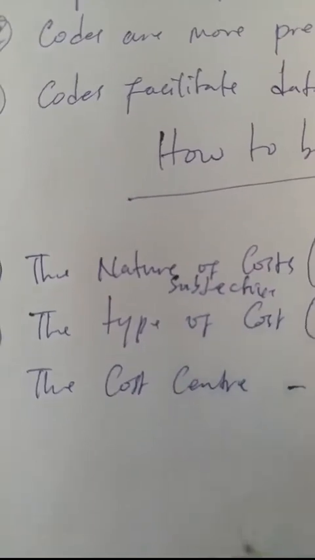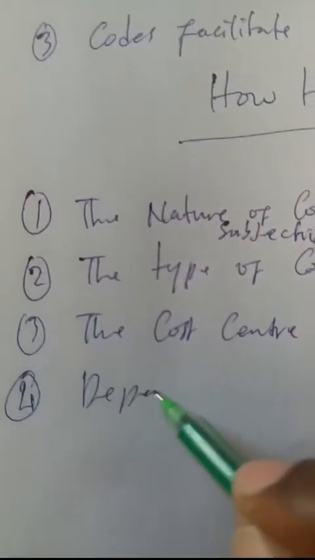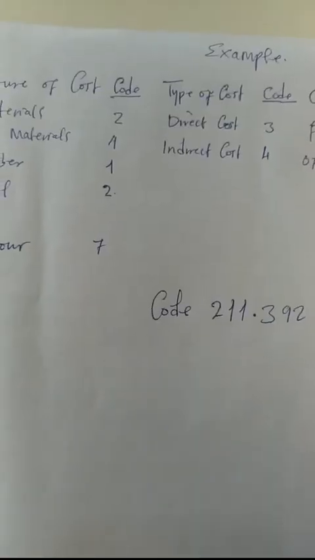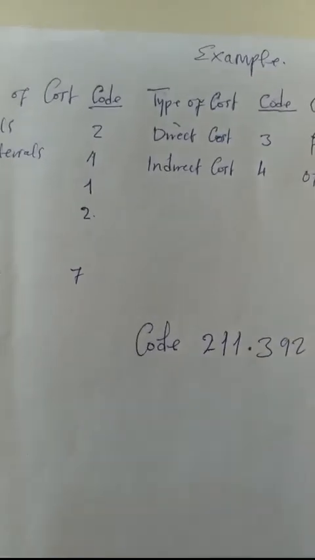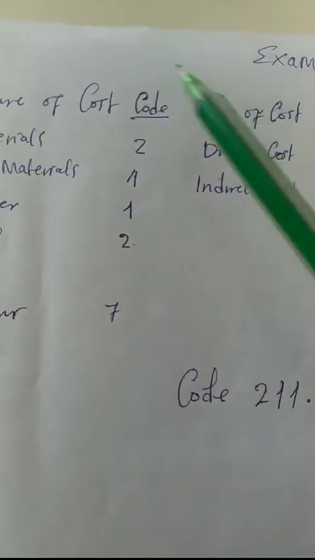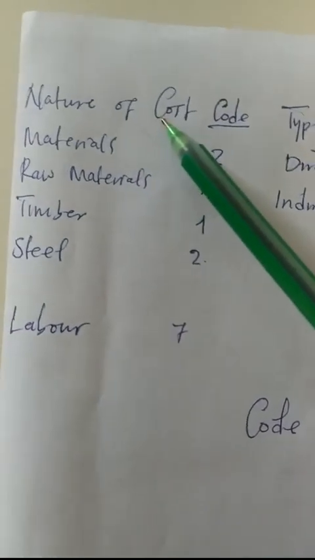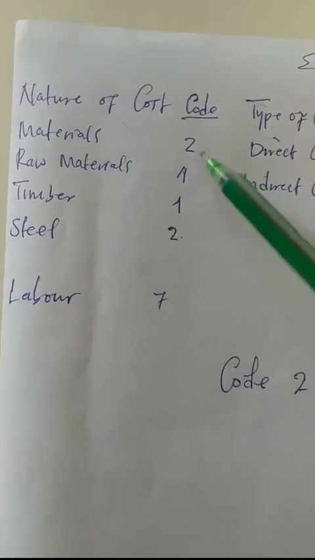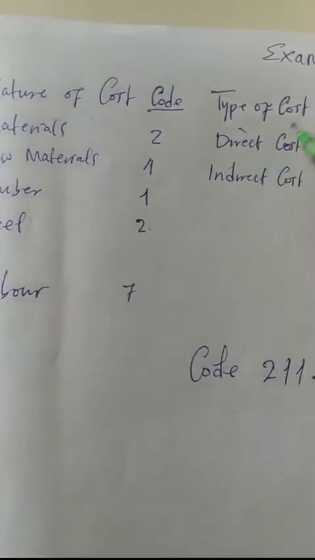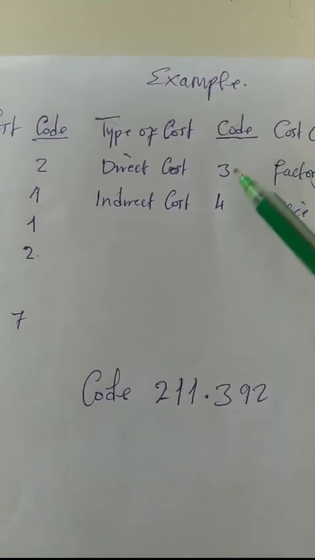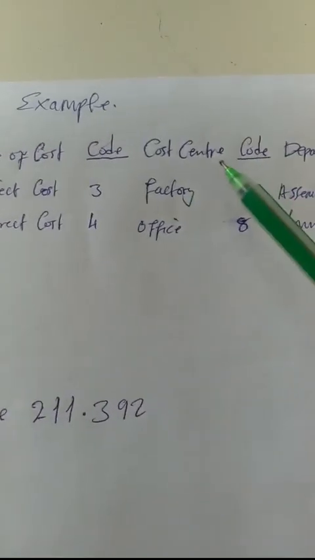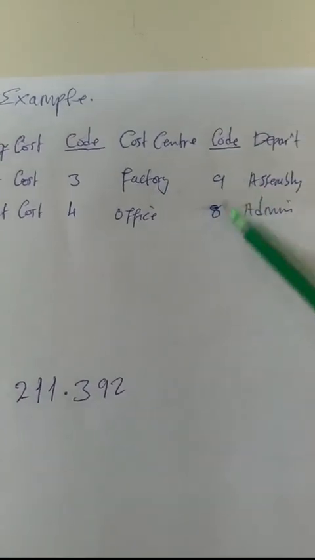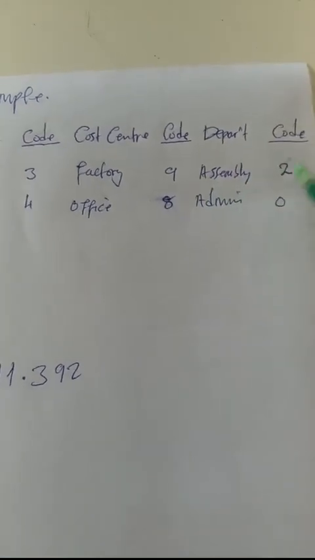Then number four, you're going to have the department where you are allocating this same cost code. This is an example that I've done. Let's say the nature of costs: you have materials, raw materials, timber, and these are the codes. Then the type of cost and the codes, the cost center and the codes, and the department and the codes.